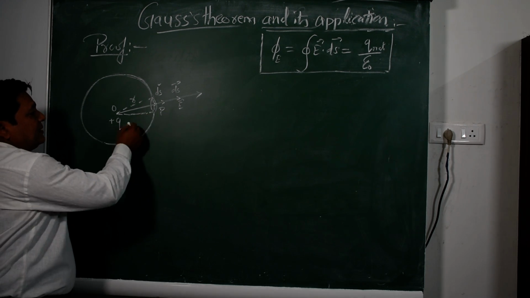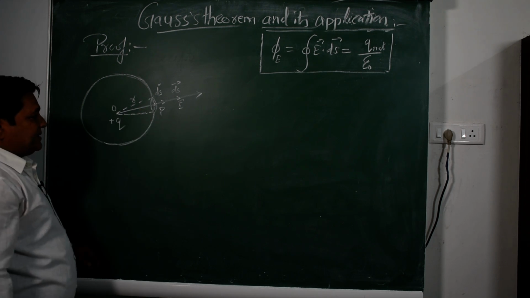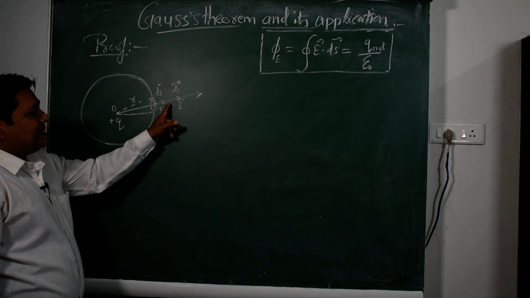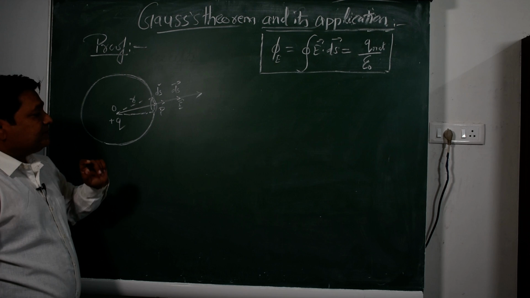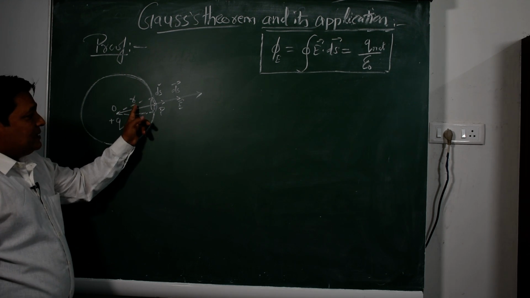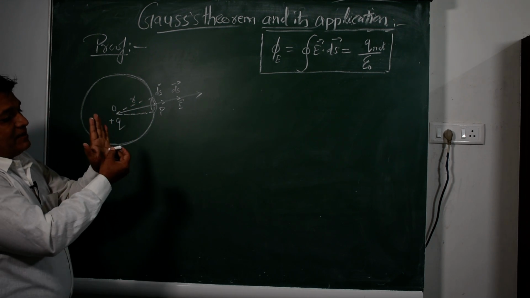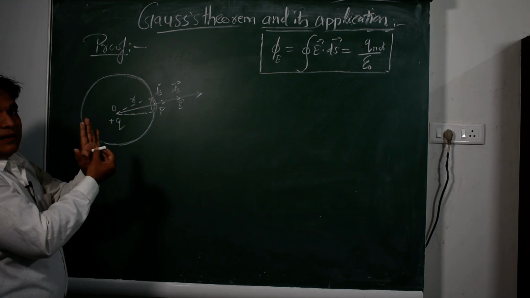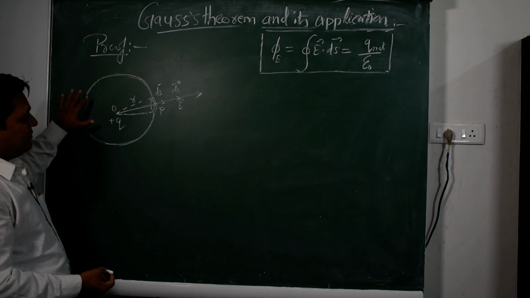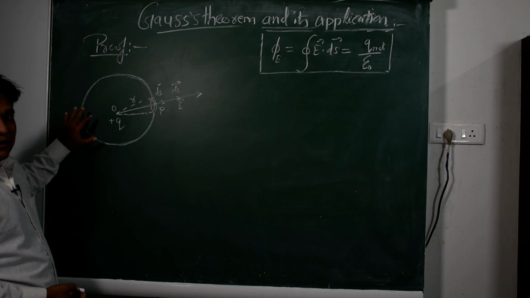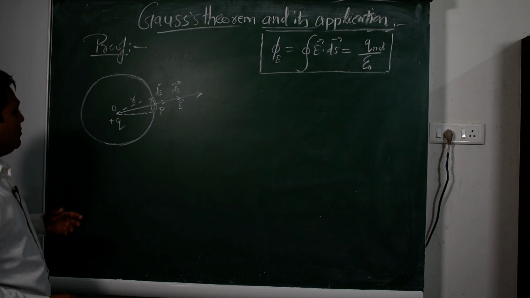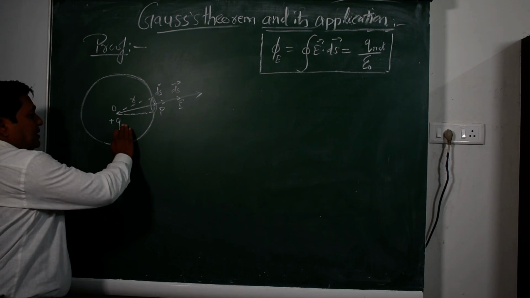The electric field passing through it is perpendicular to the surface, the distance will be r, and the area vector is normally outward from the closed surface. This is the figure. Now, using this figure, we are going to derive the proof.